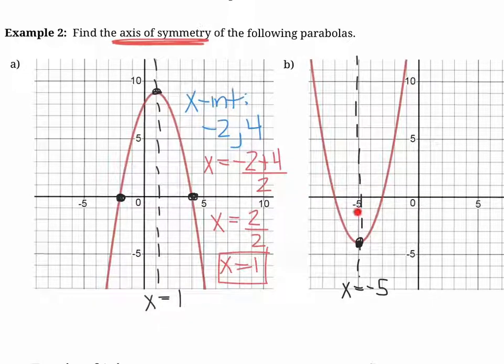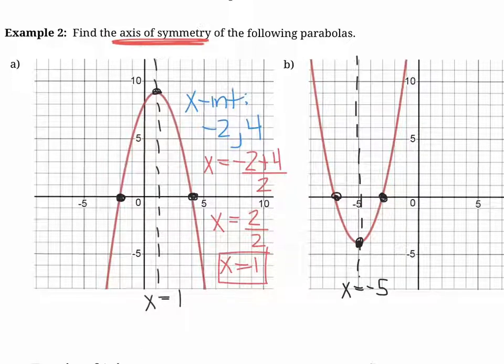How about finding it here? If we couldn't see it visually, as long as we have the x-intercepts, you can find the axis of symmetry. So I'm going to put a big dot at this x-intercept and a big dot at this x-intercept. This x-intercept is -7. This one is -3.